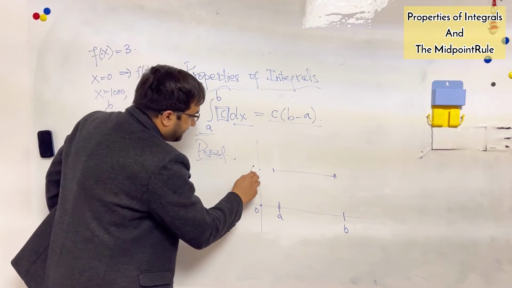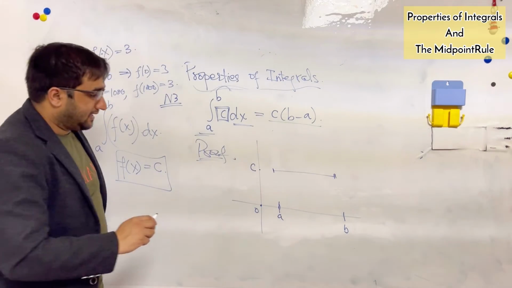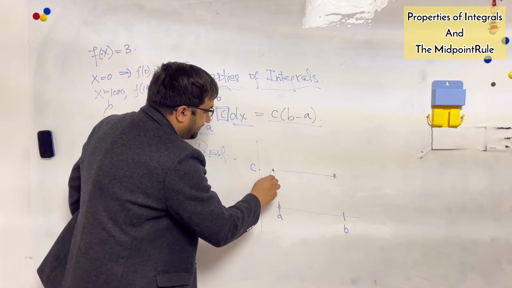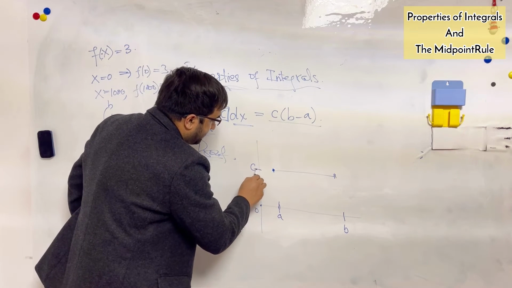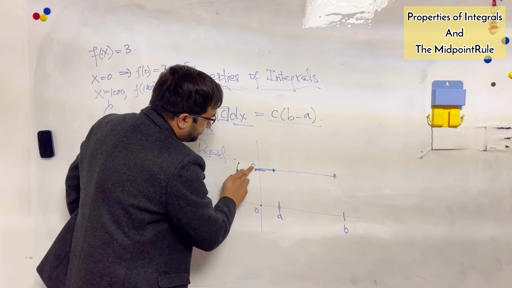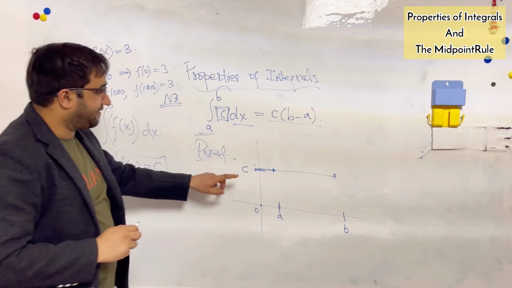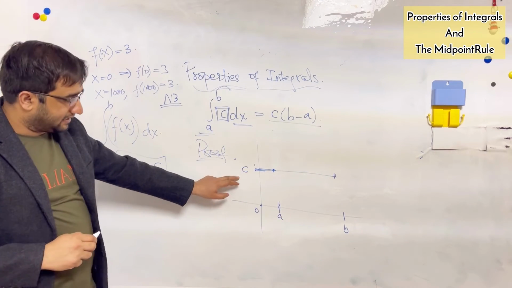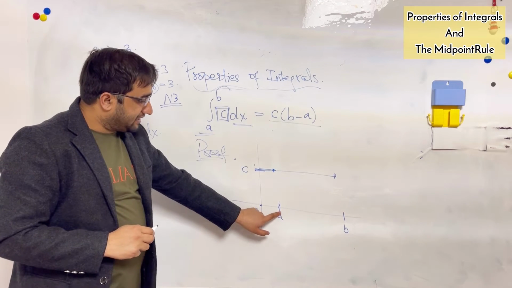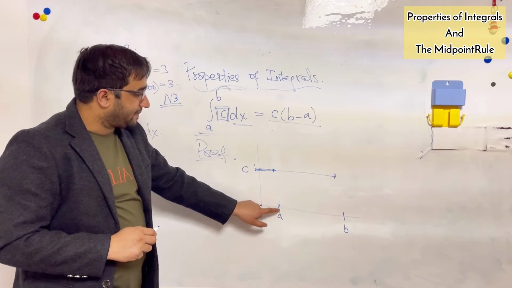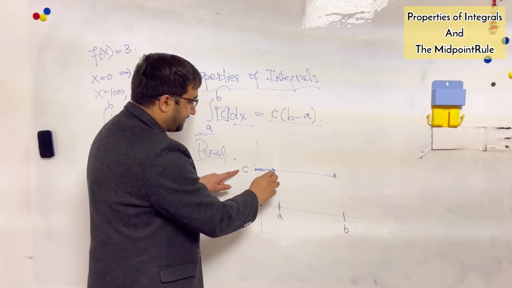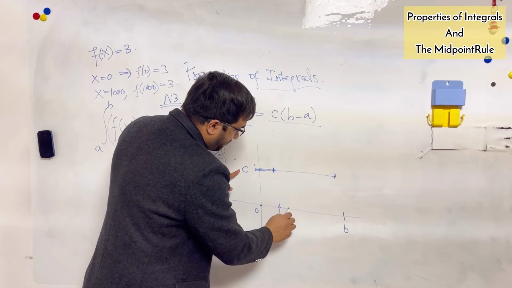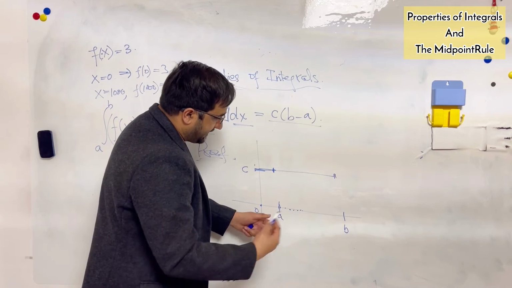Now this is c. If I put a, the corresponding value is c. This is a fixed number c, for example 3. So if I put any value a from the x-axis, the answer is c.